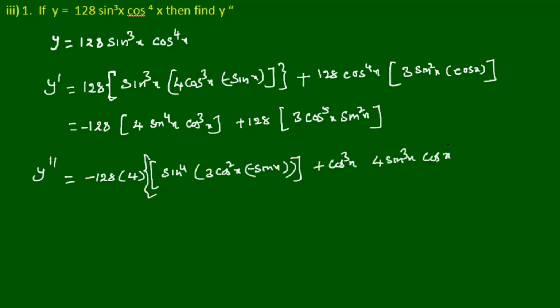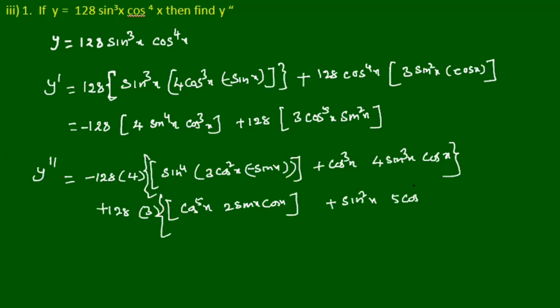That is the derivative of this. And then plus 128 into 3 constant. And then cos power 5x as it is, u v dash is 2 sin x cos x, and then sin square x as it is, cos power 5 derivative is 5 cos power 4x into minus sin x.